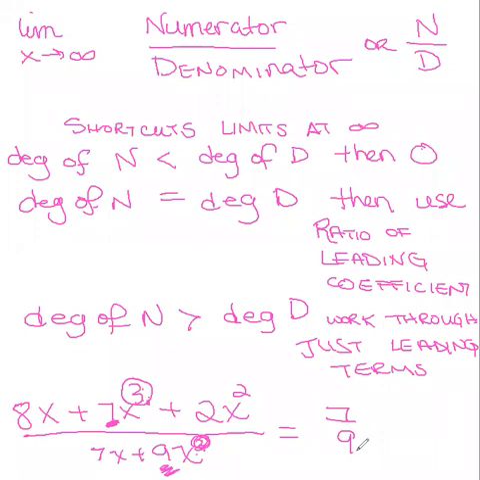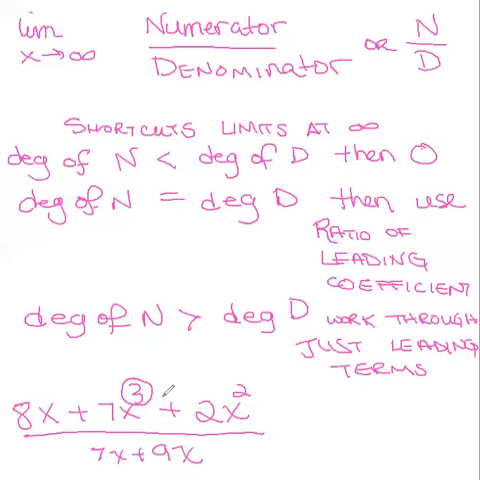And then finally, if you have... we'll keep the 3, and it says if the degree of the numerator is greater than the degree of the denominator, then we're going to work through the leading terms.